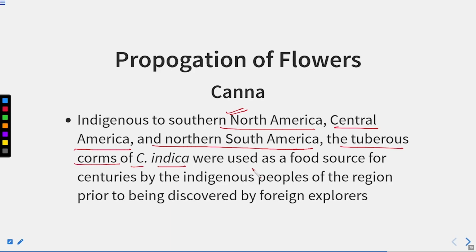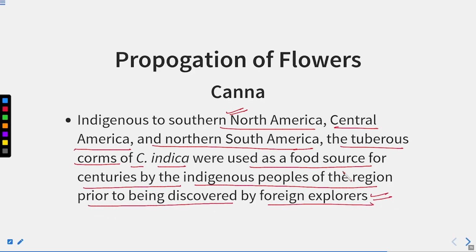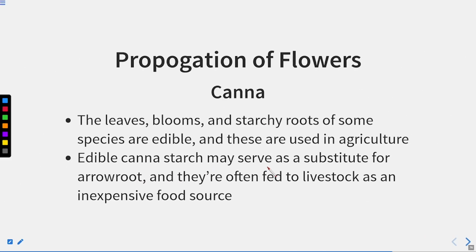The tuberous roots of Canna indica were used as a food source for centuries by the indigenous people of the region, prior to being discovered by foreign explorers. The leaves, blooms, and starchy roots of some species are edible, and these are used in agriculture as well.